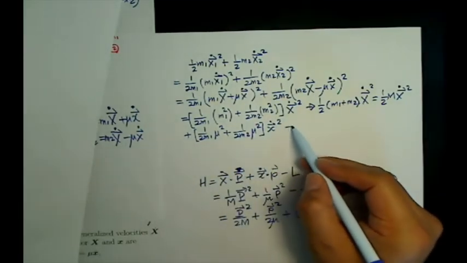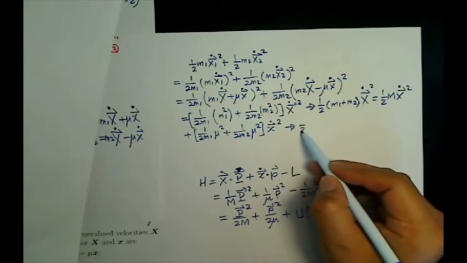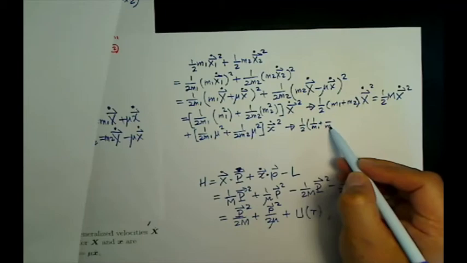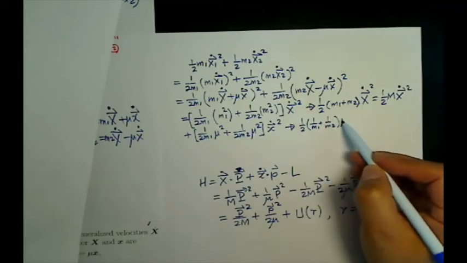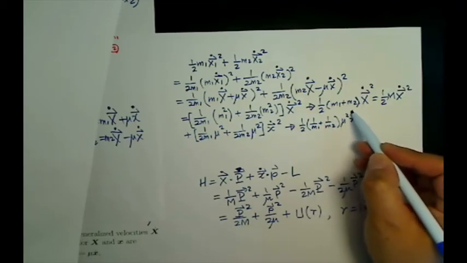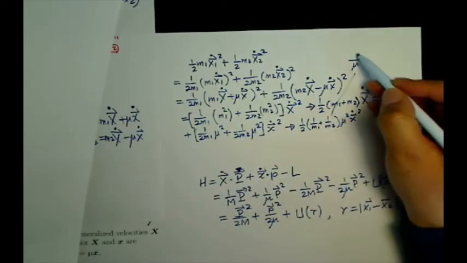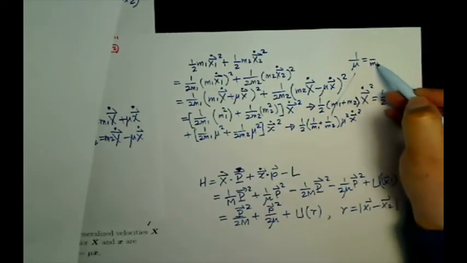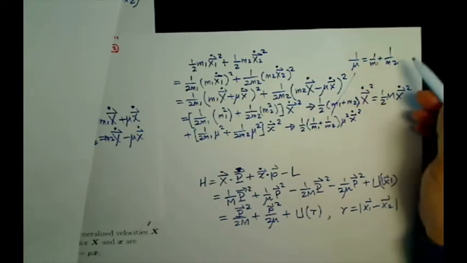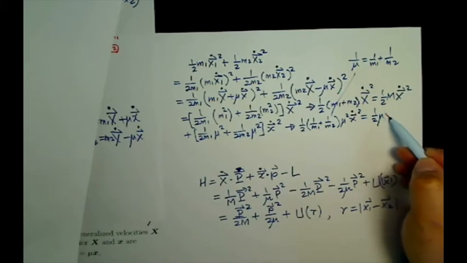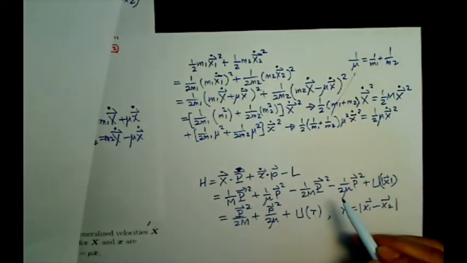We know that the reciprocal gives mu. This one is this. Therefore, it's mu x dot squared.